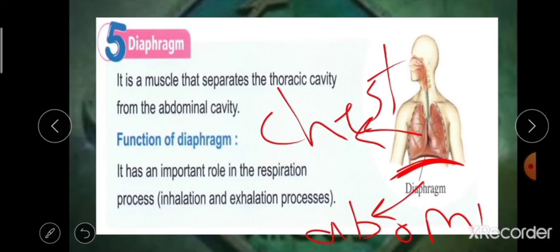So the diaphragm is a muscle which separates between the thoracic cavity or chest cavity and the abdominal cavity. And also it plays an important role in the exhalation and inhalation process.